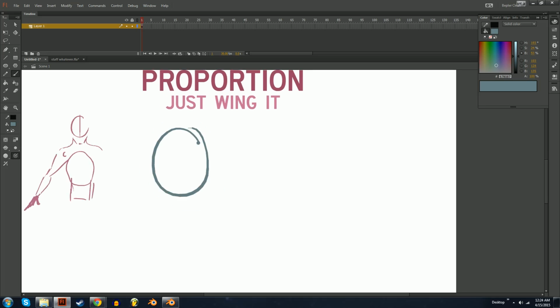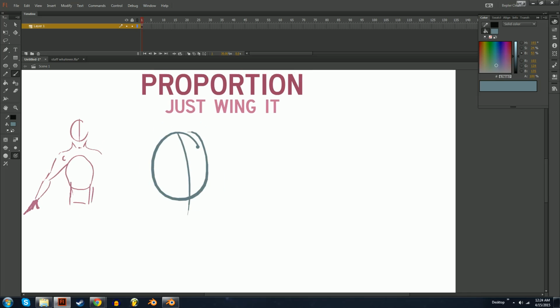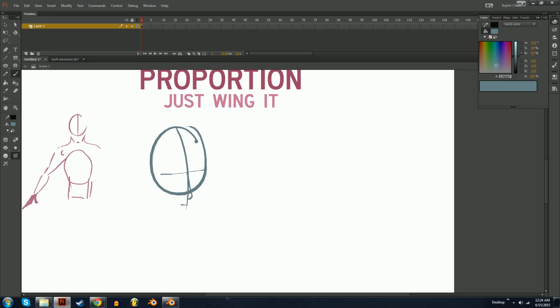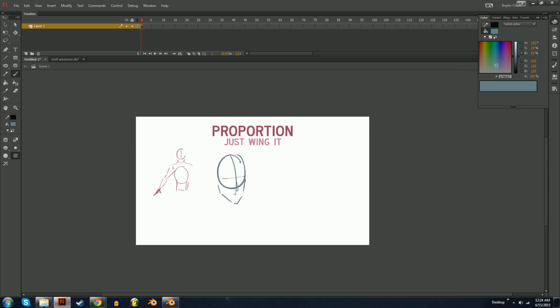Here is his head, with the eyes and the nose, and then the mouth place. Jaw going on. Okay. I can't select it.